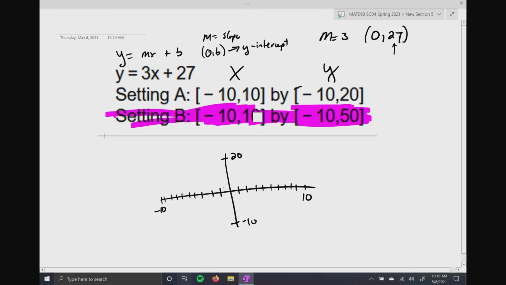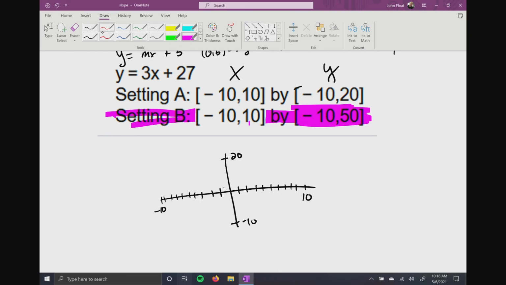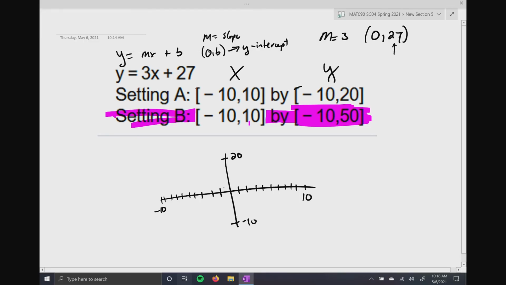In fact, let's even do this. Notice that regardless of setting A or B, your x values are the same, -10 to 10. The difference is in that y value. So the only setting that you would see the y-intercept here is in setting B. All right?